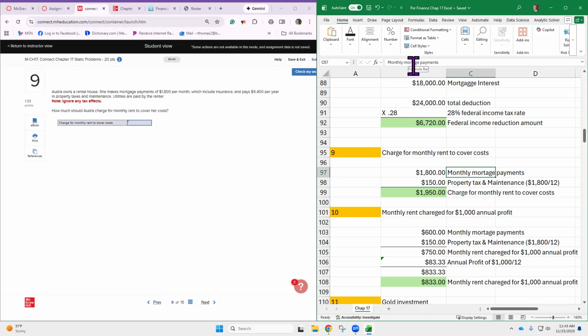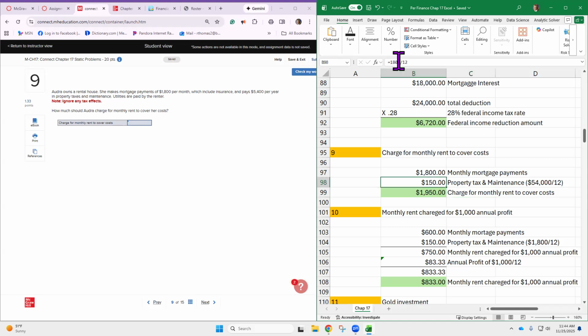Okay, hang on. So we're trying to get down to the charge for monthly rent to cover costs. So once again, we're trying to figure out the break-even point based on this information. If $1,800 is being paid monthly, we need to convert that $5,400 to a monthly amount. So I'm going to take the $5,400 per year of property tax and maintenance and divide it by 12.